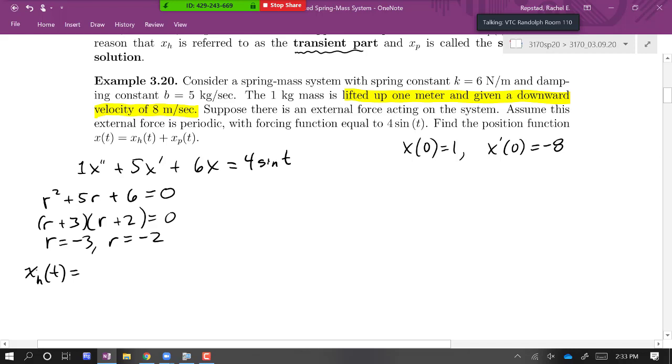We have distinct real roots. We get x equals c1 e to the r1t plus c2 e to the r2t. So for us, that's c1 e to the negative 3t plus c2 e to the negative 2t.